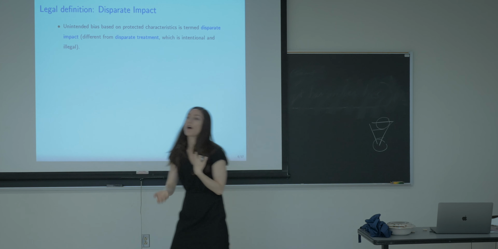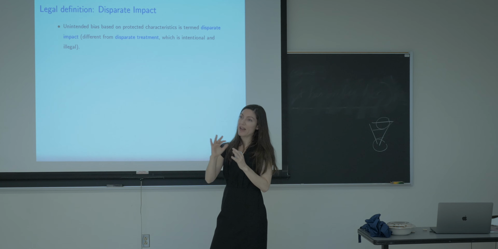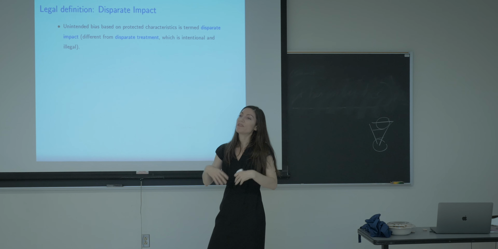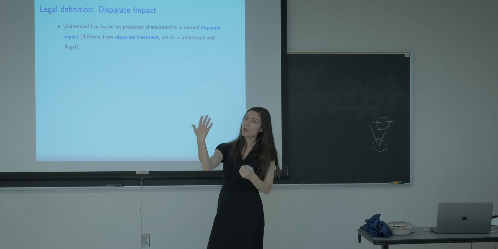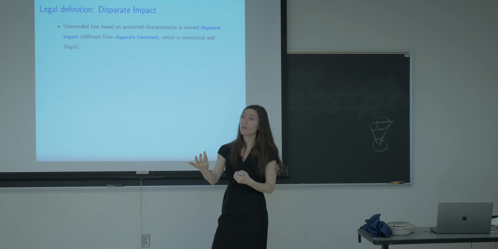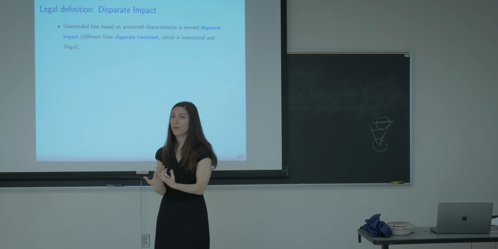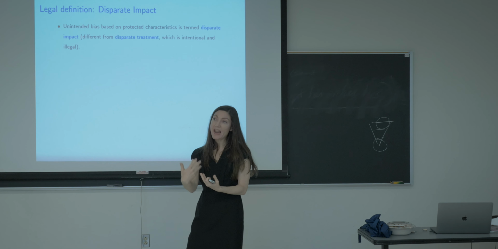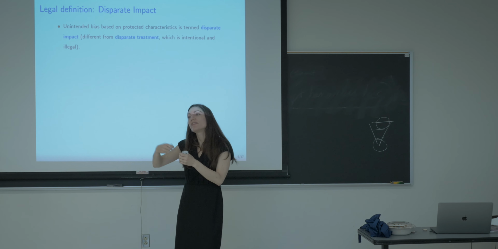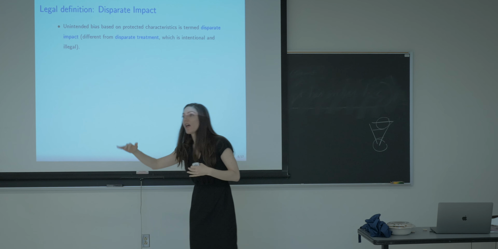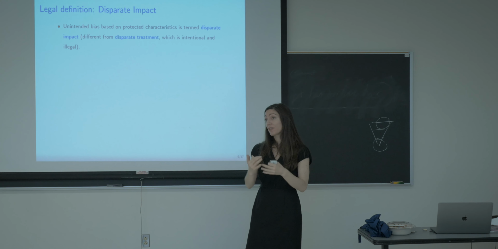I'm going to be focusing mainly on a different type of problem, which happens when there is disparate impact. There is a protected characteristic or protected attribute, but it's not explicitly used in the decision-making process. Nonetheless, the decision maker is taking into account information on other attributes that correlate with the protected characteristic.